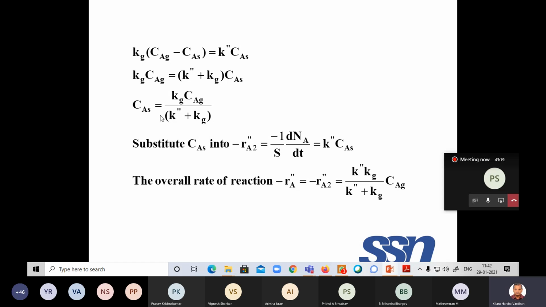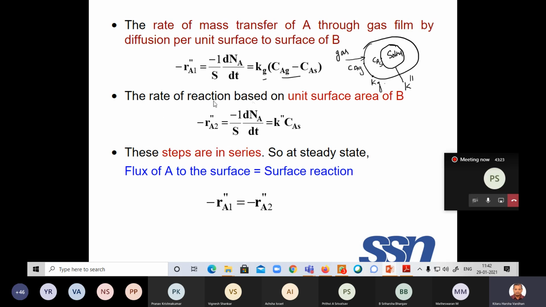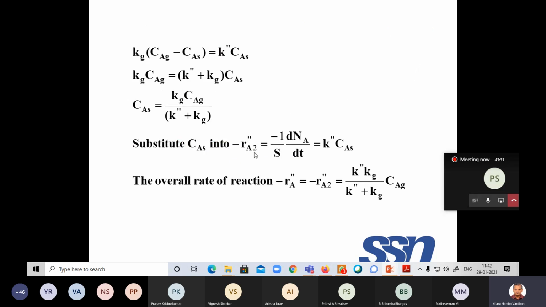Now you know this is unknown, but we want to find out what this particular rate is. Then the rate will be equal to the rate of reaction on the surface. So -Ra2 prime, that is -(1/S)(dNA/dt), is equal to k prime into CAS. We don't know what CAS is.